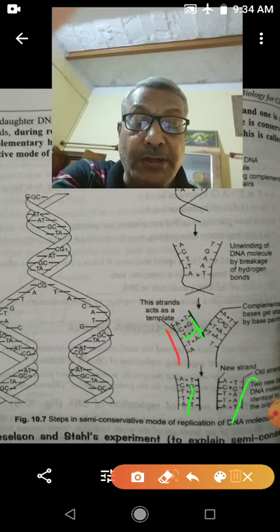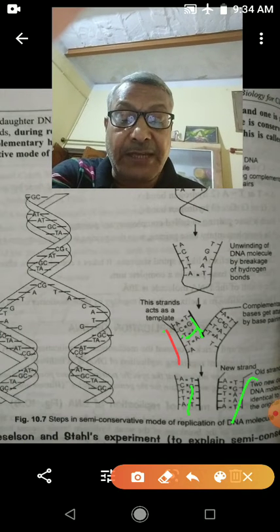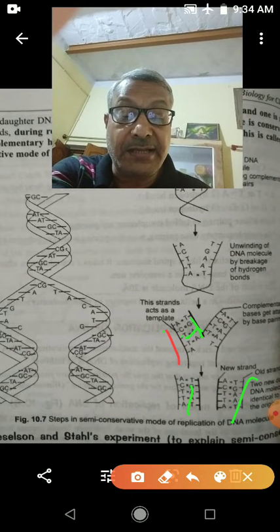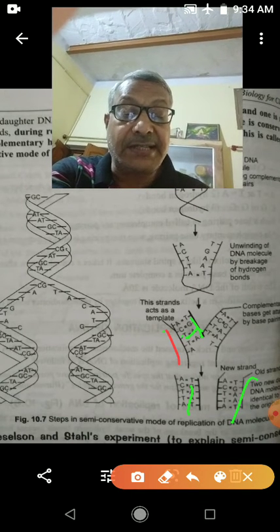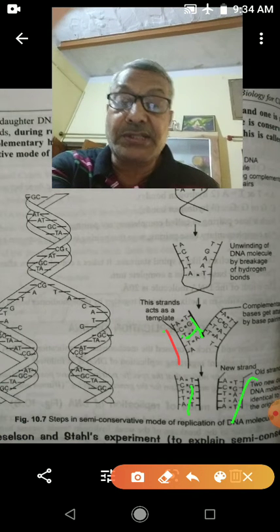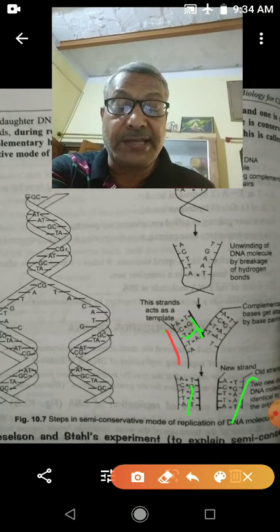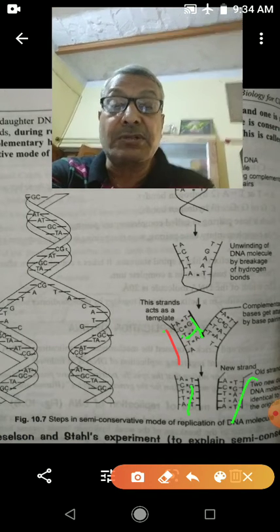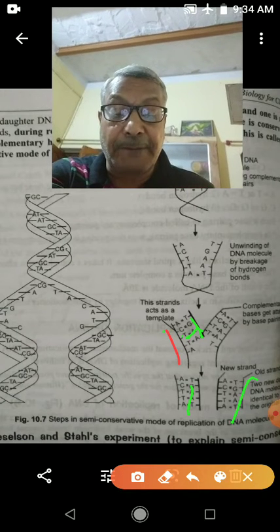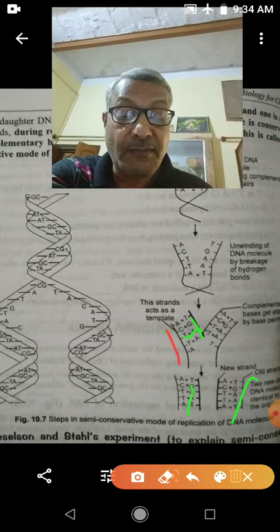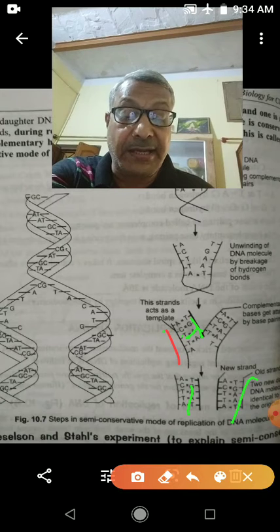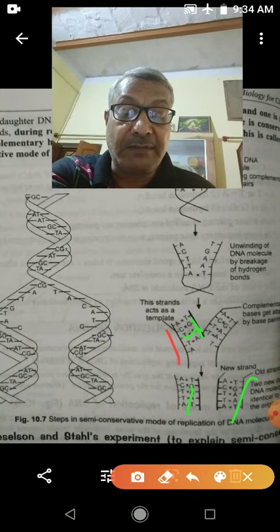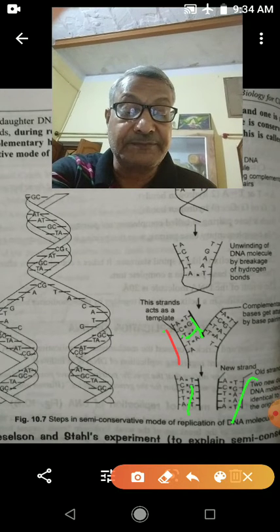Thus each polynucleotide chain strand of the double helix of DNA serves as a template on which its complementary strand is built. So this method of replication of DNA is called the semi-conservative method.